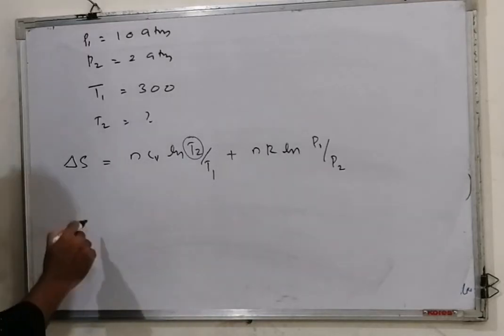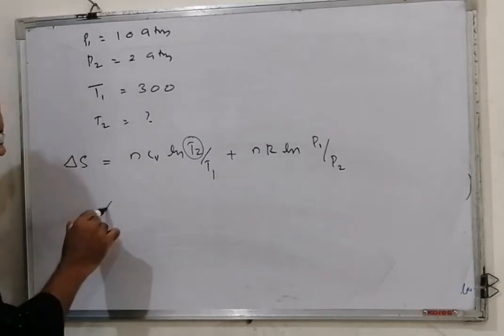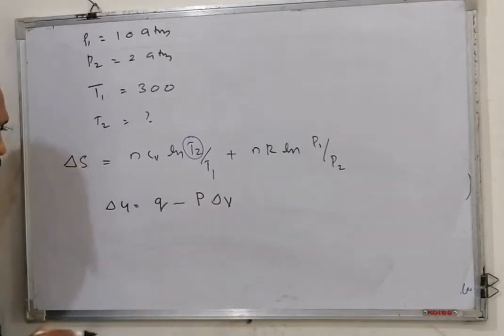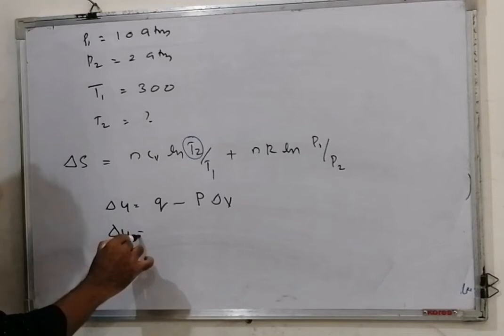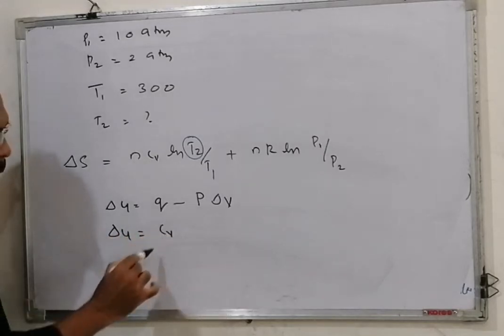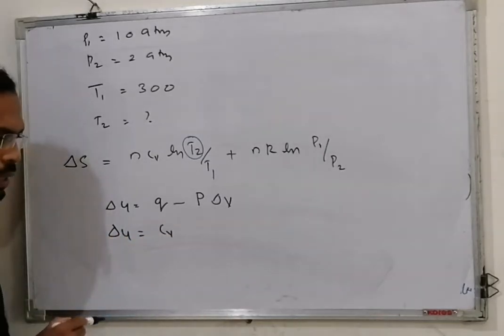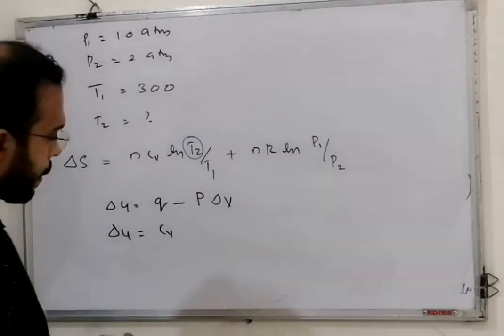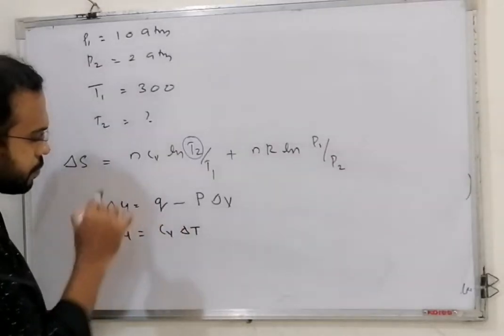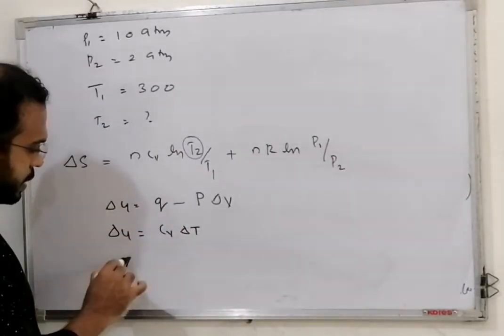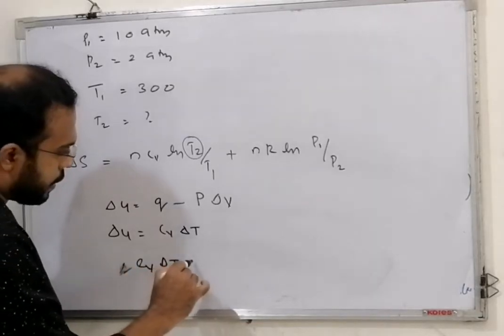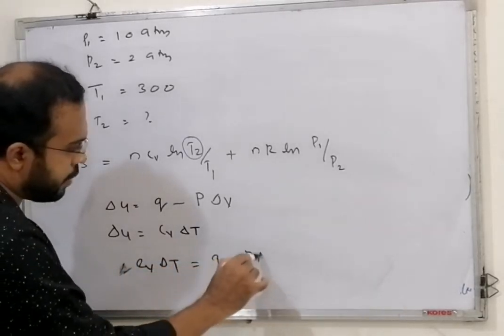Yes, we know this equation. Delta U is equal to Q minus PdV. Delta U is equal to CV delta T. Therefore, CV delta T is equal to Q minus PdV.